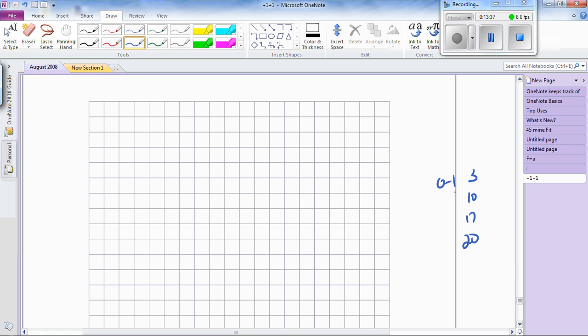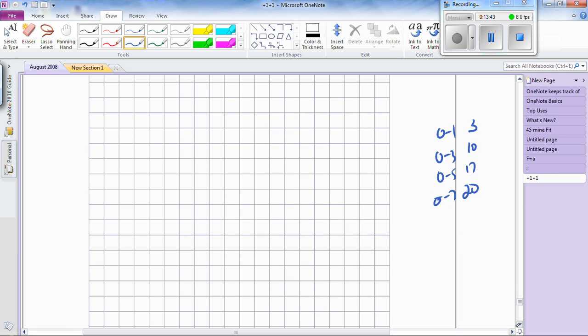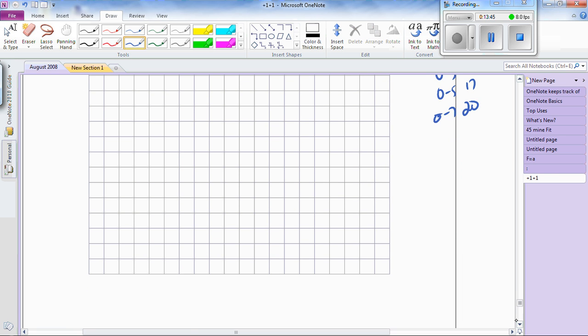This is 0 to 1, 0 to 3, 0 to 5, 0 to 7. Cumulative, don't abbreviate cumulative frequency. Intervals.